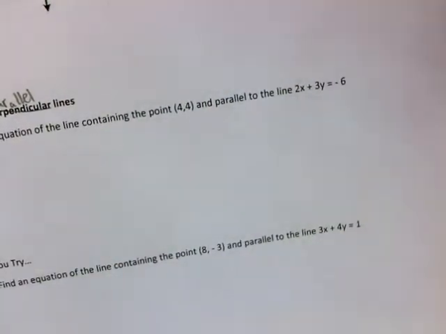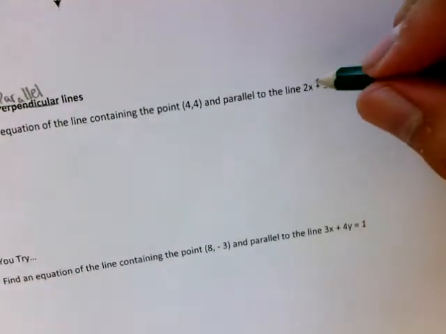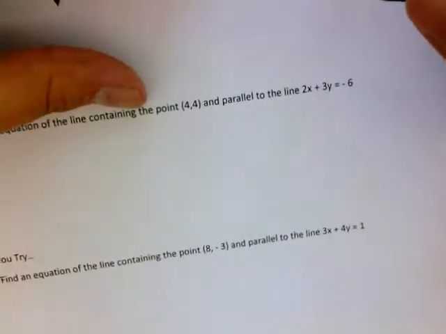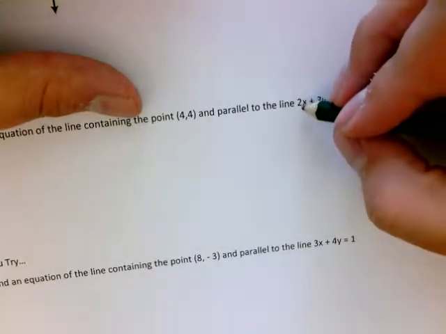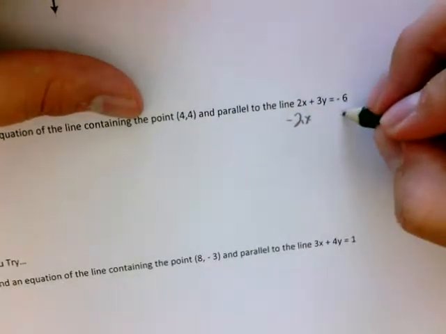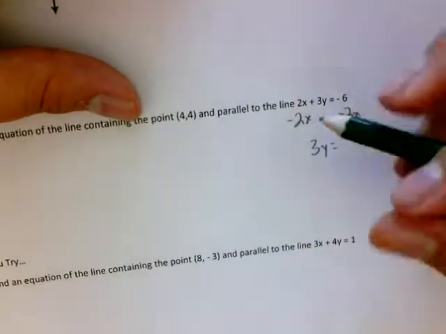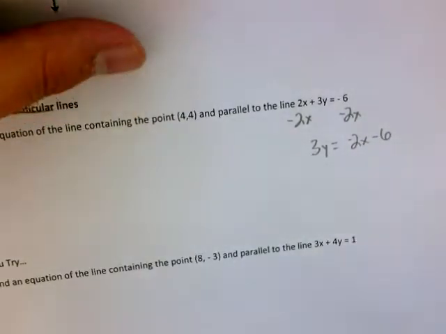Now we gotta get this looking like y equals in order to actually solve this. So we want to get this y by itself. So first we gotta get rid of this 2x. So subtract 2x. We get 3y equals negative 2x minus 6.